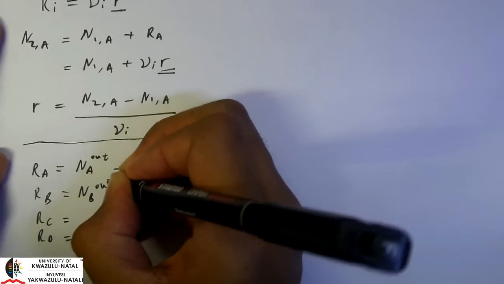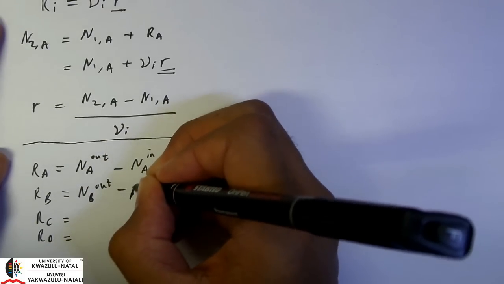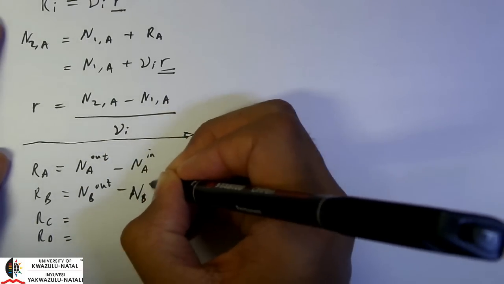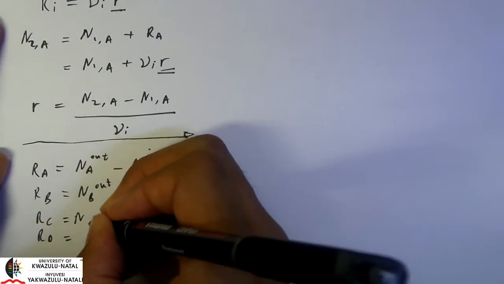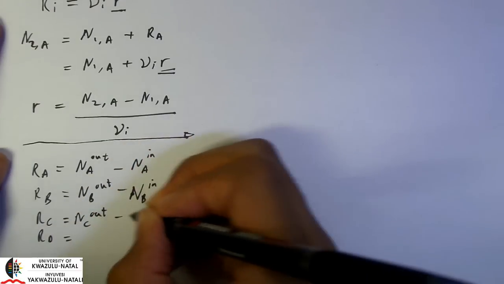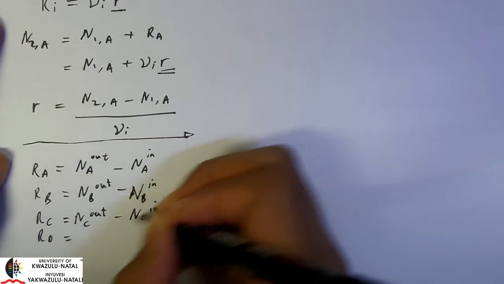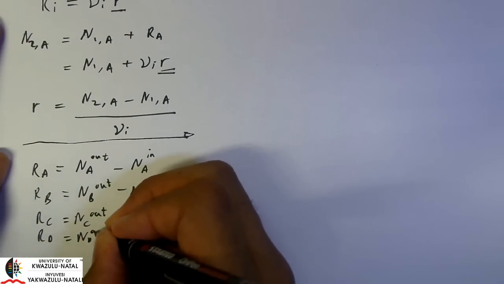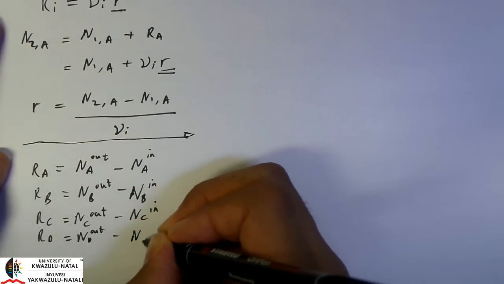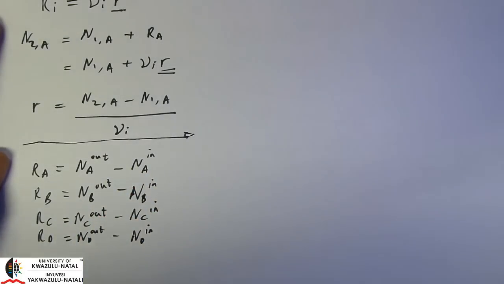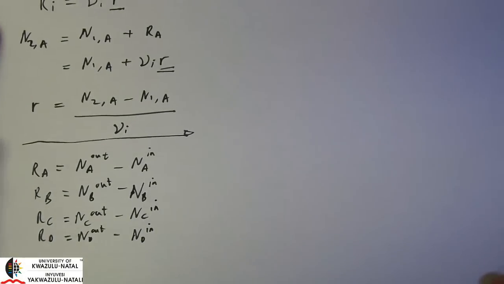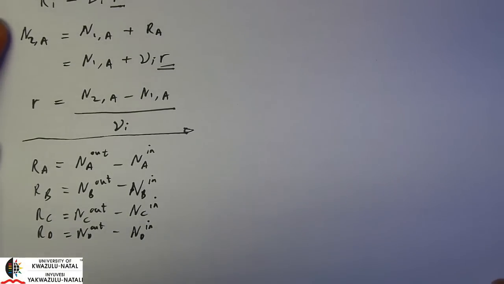It's just NB out minus NB in, NC out minus NC in, and ND out minus ND in. So that's true for all components.